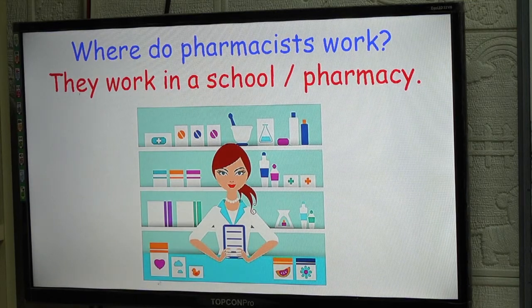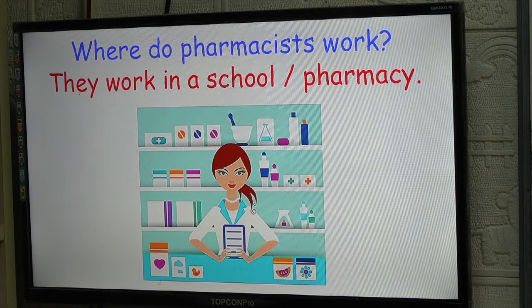Alright. This question asks, where do pharmacists work? Where do they work? Remember what a pharmacist is? They are people who give medicine, alright, when you don't need to go to the doctor.